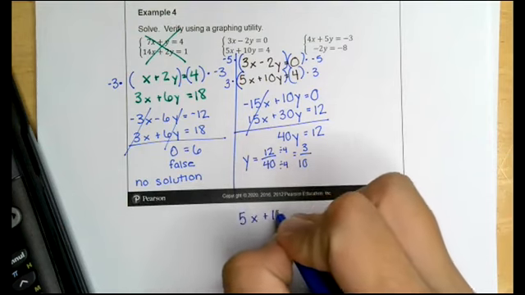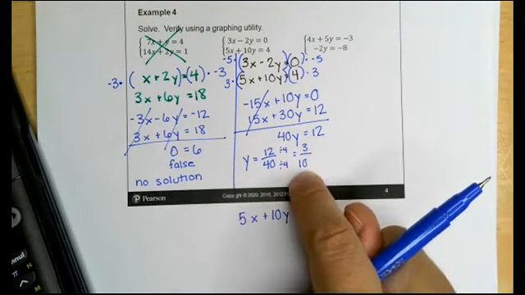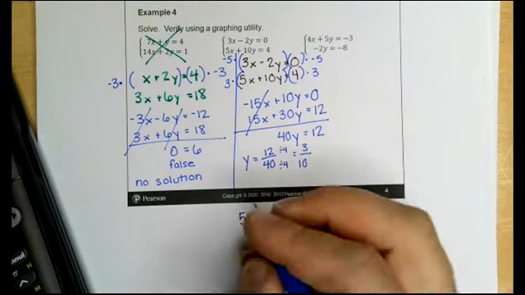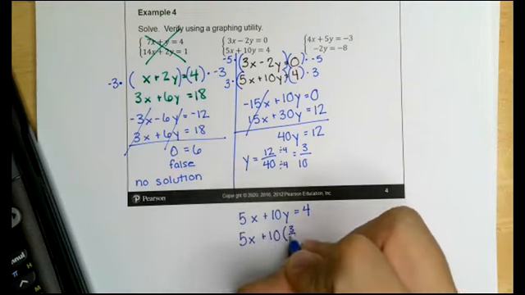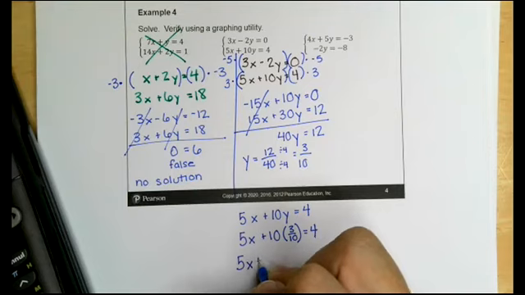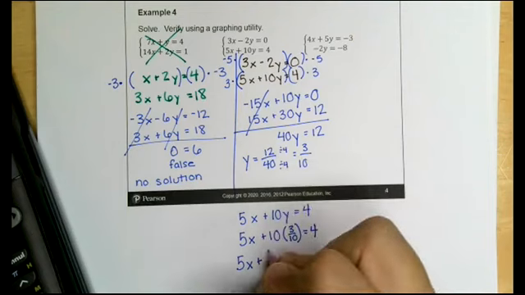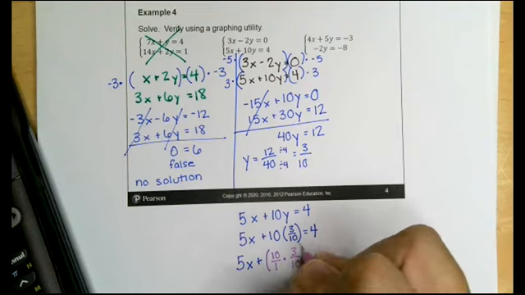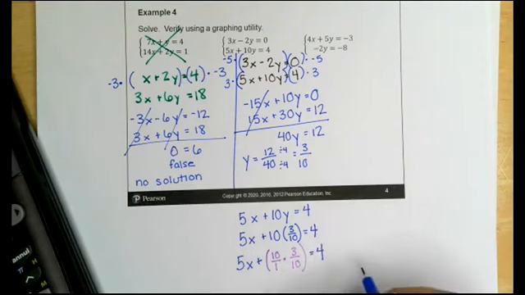5x plus 10y equals 4. I want to choose this one because 10 times 3 over 10 will get rid of my fraction. 5x plus 10 times 3/10 equals 4. So what's happening here is we're multiplying fractions. So 10 over 1 times 3 over 10. And then we go straight across.